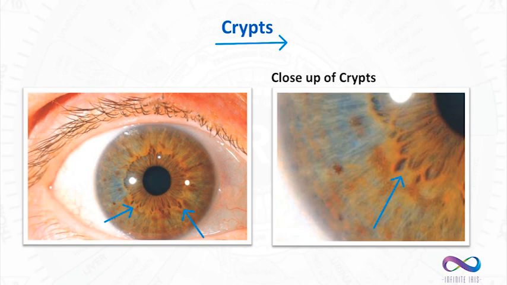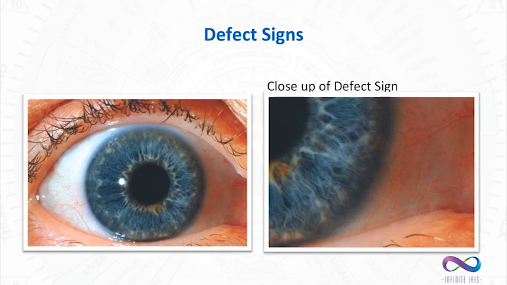So just because they're small doesn't mean that they're not long-term potentially serious signs, because the darker they are, the longer they have been in the genetic path or pattern of that person, and there's more of a genetic deficiency there.